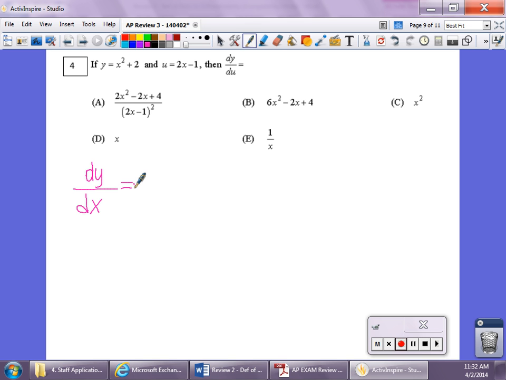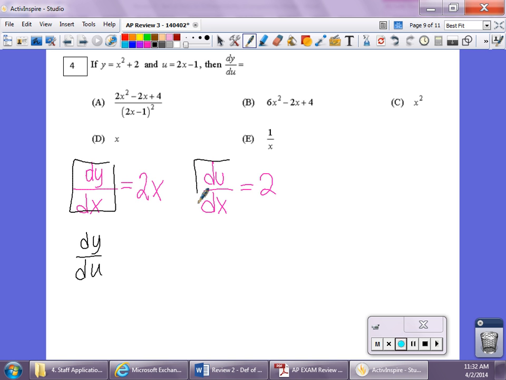And the derivative of this with respect to x is? So this one, if I ask you to find the derivative of u, it is with respect to x. There are multiple ways you can do it. I want to find dy du. How can I make dy du happen? Based off of this differential and this differential. Ooh. Yes.